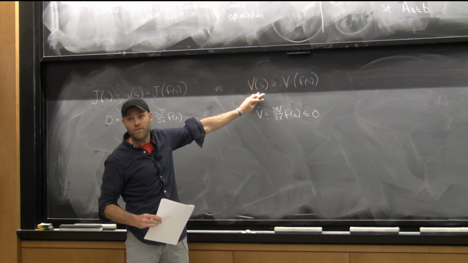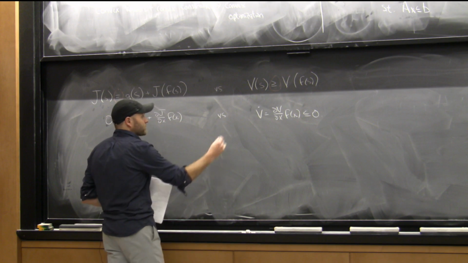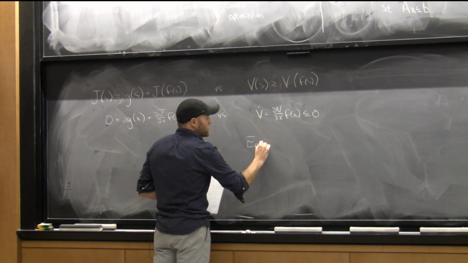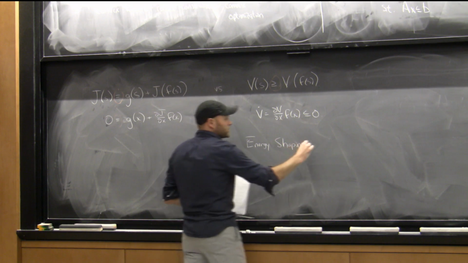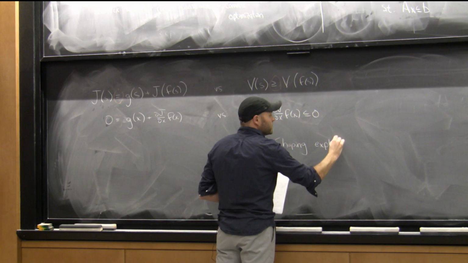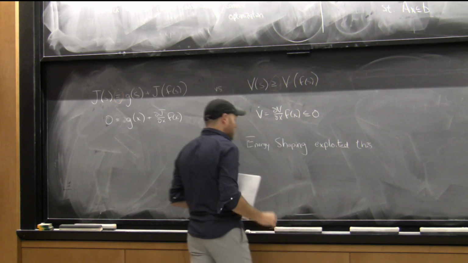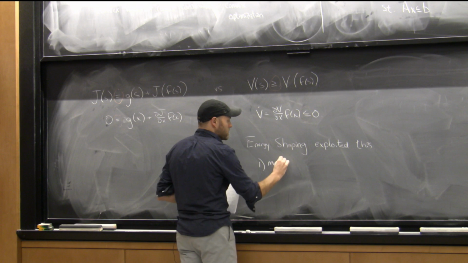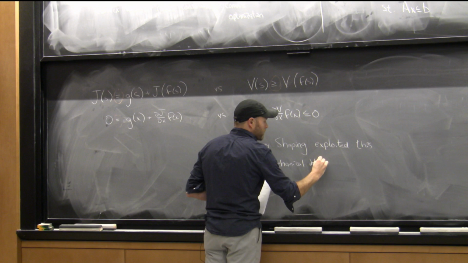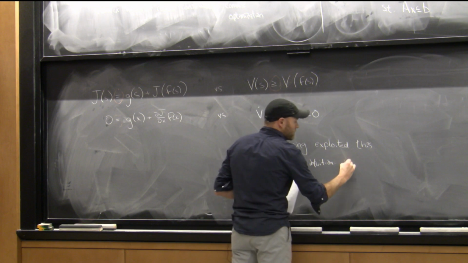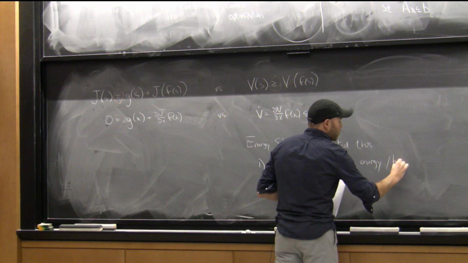We did it last time. In fact, that was the energy shaping idea, right? The view I gave you of nonlinear control exploited this. It started with mechanical intuition, of using energy to stabilize the homoclinic orbit.